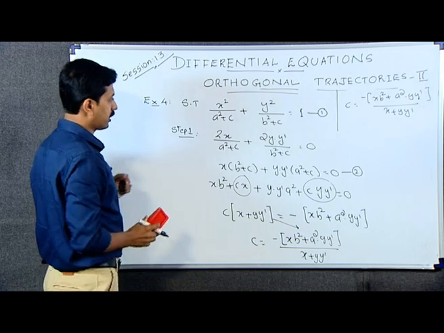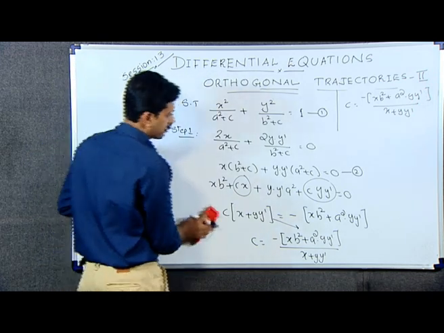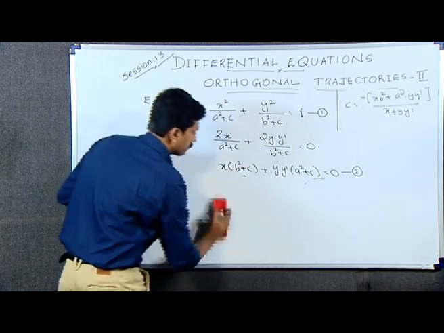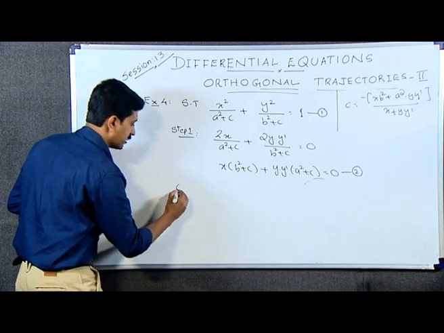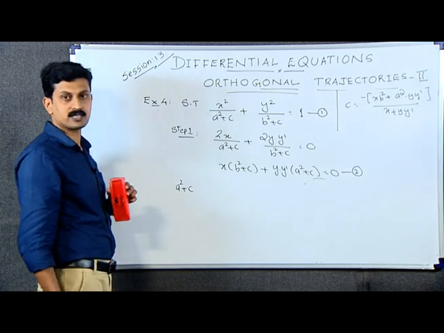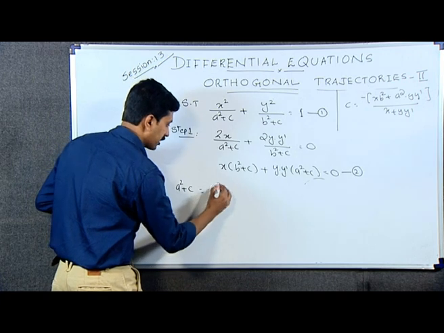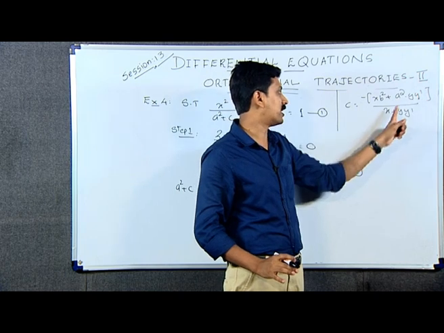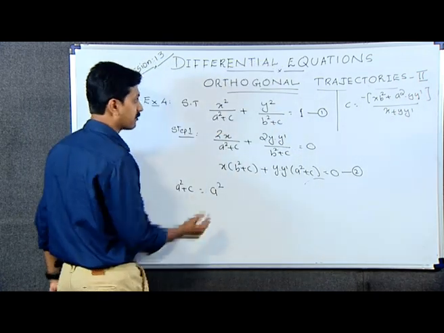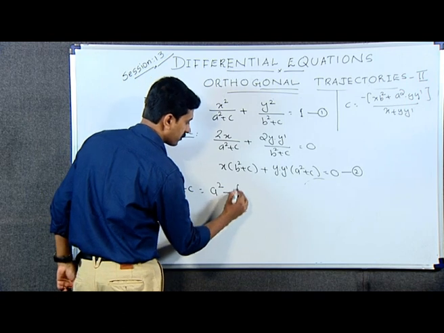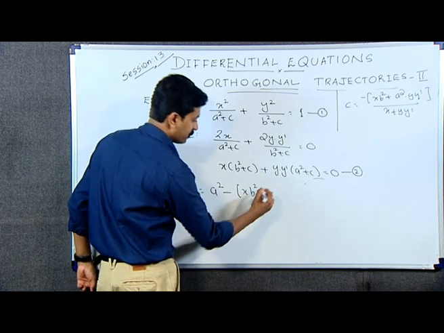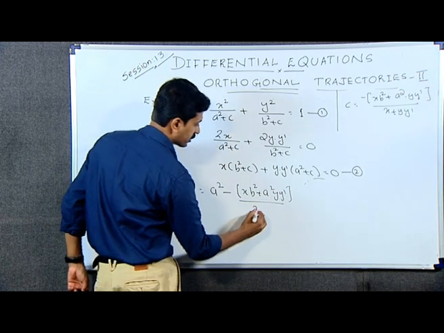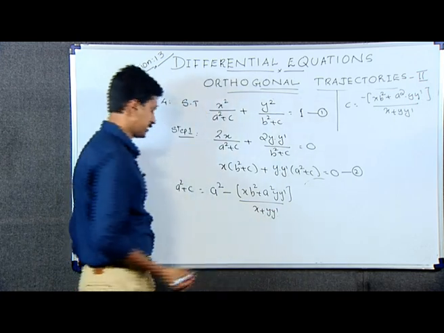So, from there we can find the value of a square plus c, that is a square plus c, as c is equal to minus of x b square plus a square y y dash divided by x plus y y dash. Therefore, a square minus of x b square plus a square y y dash divided by x plus y y dash.